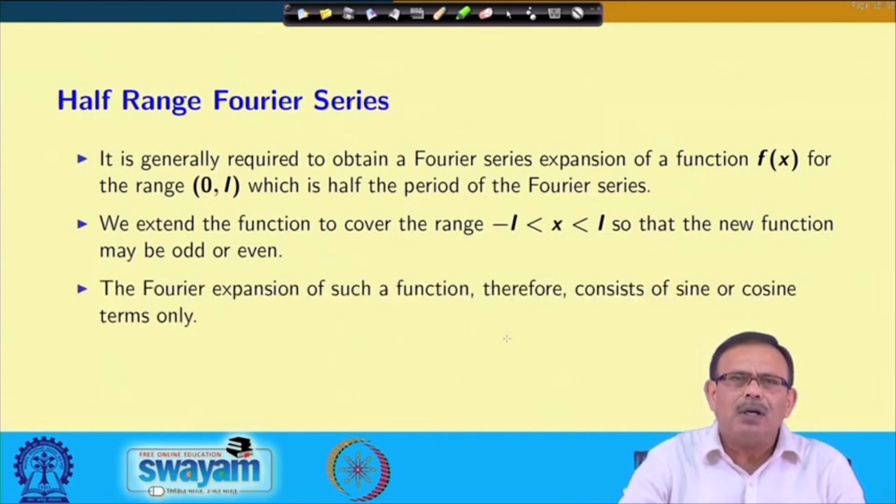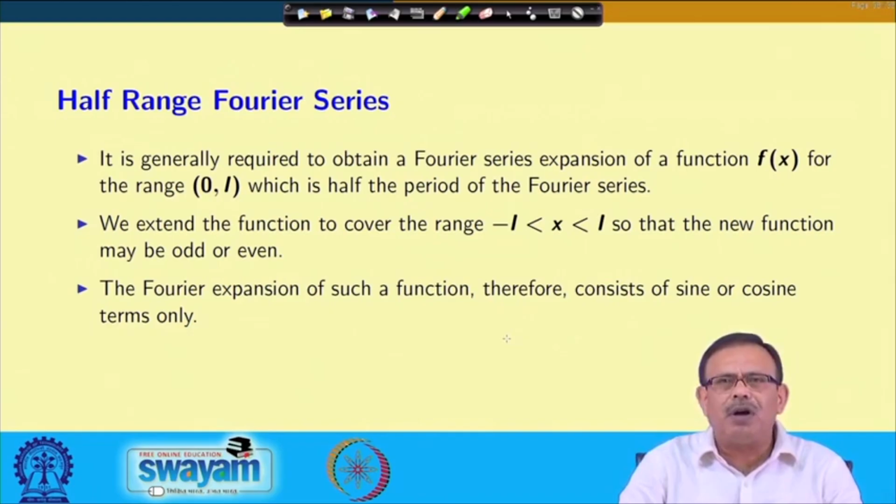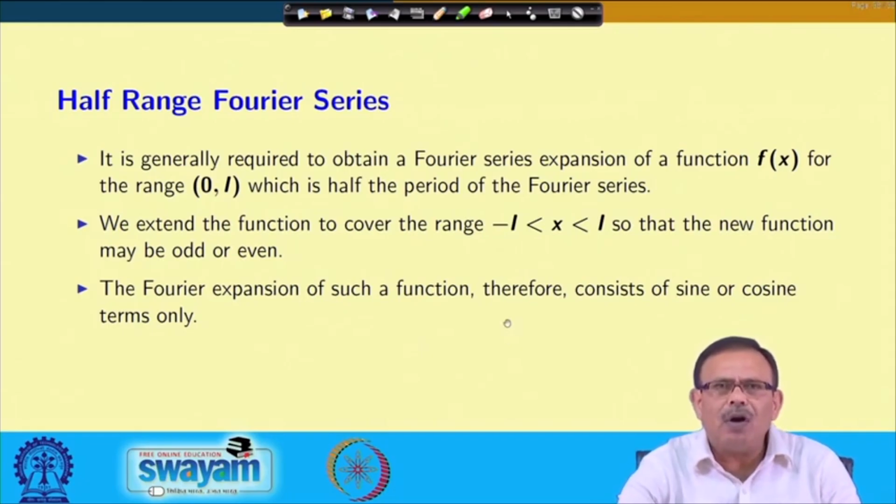So, the Fourier expansion of such a function basically will consist of either sine terms or cosine terms only, because already we have observed that if a function is an odd function or an even function, it will consist of sine terms or cosine terms only.